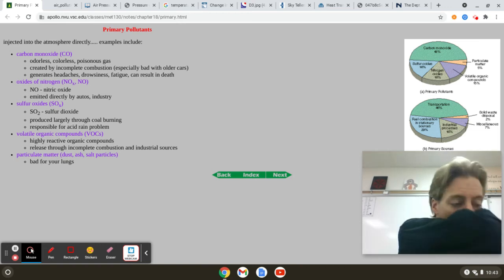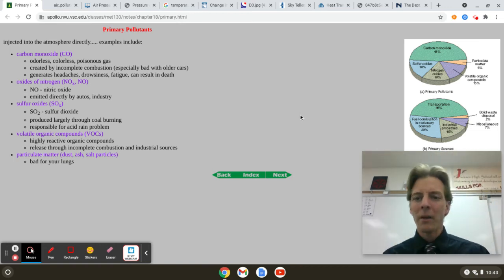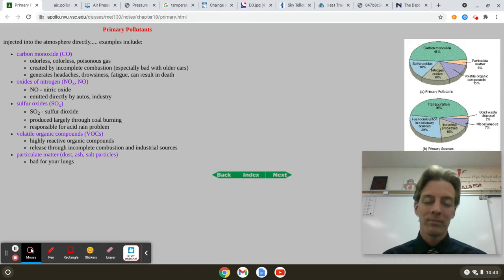All right, carbon monoxide, sulfur oxides, nitrogen oxides, VOCs, particulate matter. Those are the primary pollutants that we put up. Where did they come from? Almost half of them come from transportation. Cars, trucks, buses, trains, planes, automobiles. Okay. 25% fuel combustion and stationary sources.